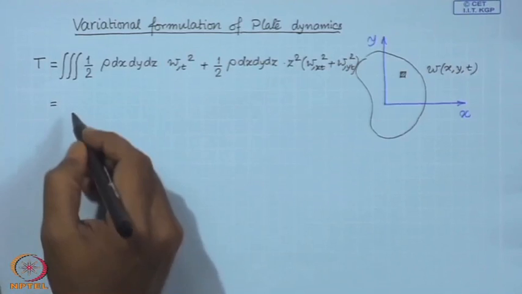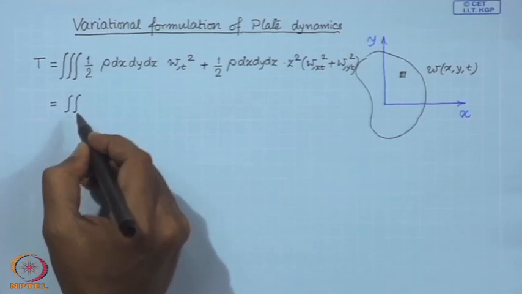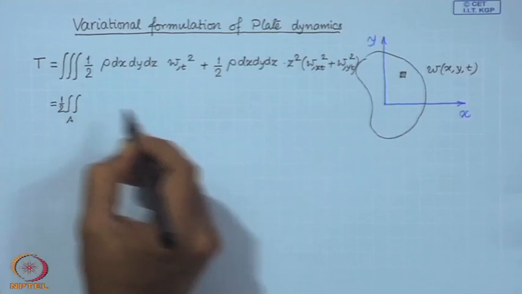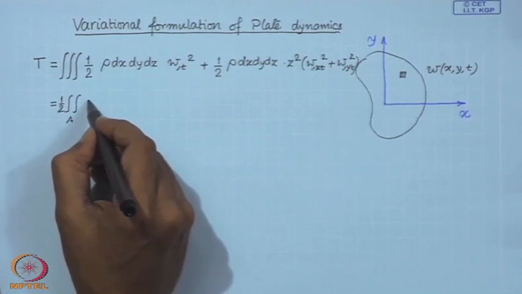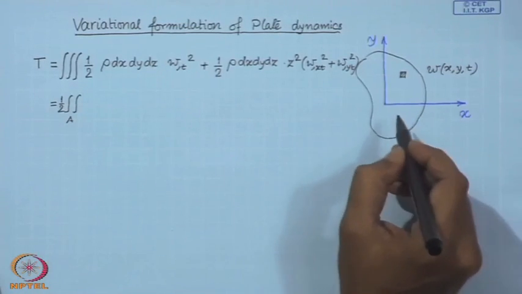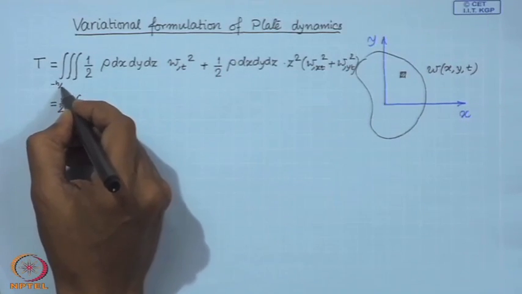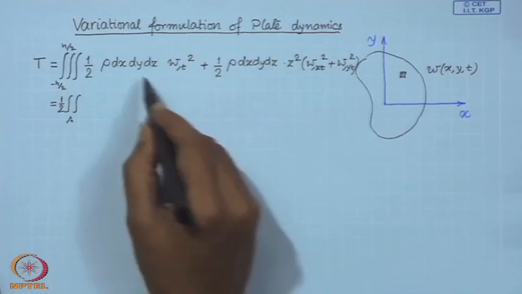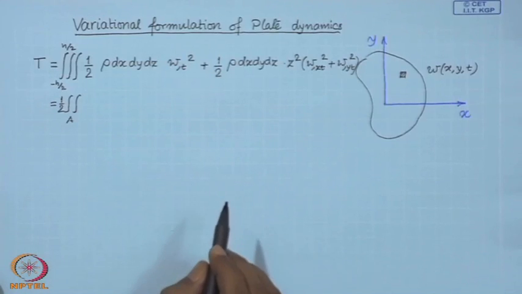So, z can be integrated out, where z goes from minus h by 2 to h by 2, where h is the thickness of the plate.